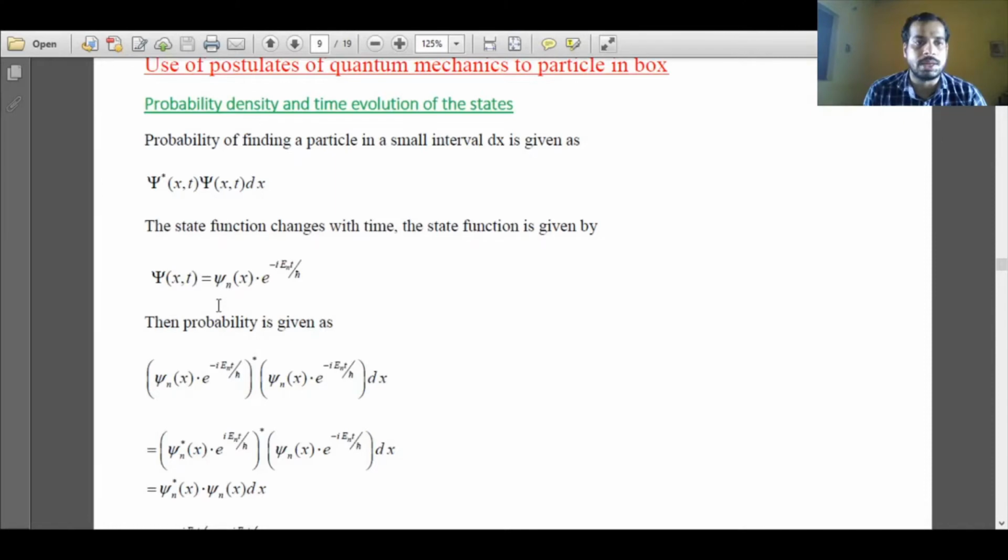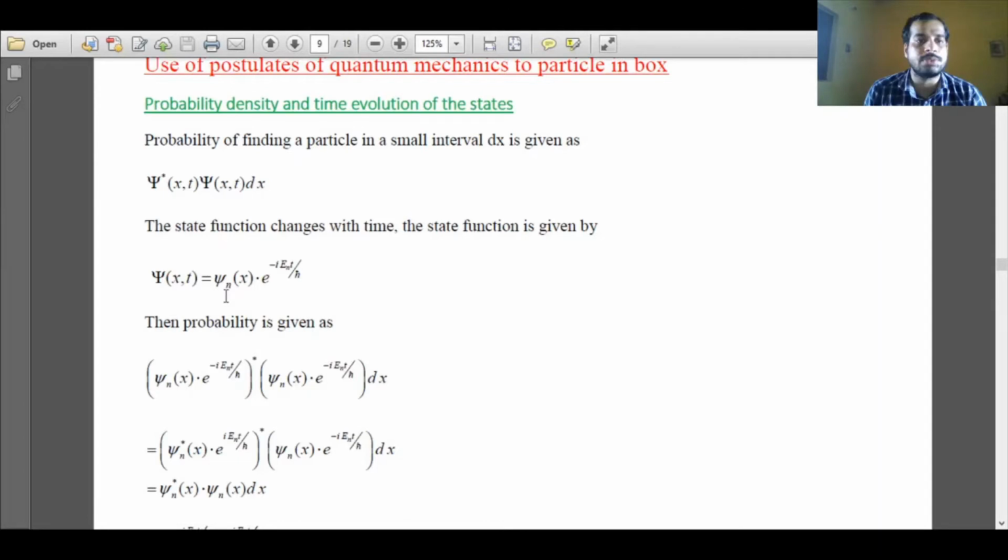The spatial wave function is a function of only the position, and the temporal part is given as e to the power minus i En t over h bar. This En is the energy of the corresponding state. For the first state it will be E1, for the second state E2, for the third state E3. The energies of various states and the wave functions associated with them we discussed last session.